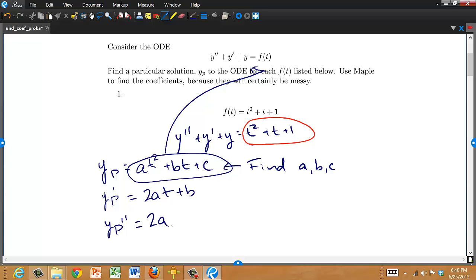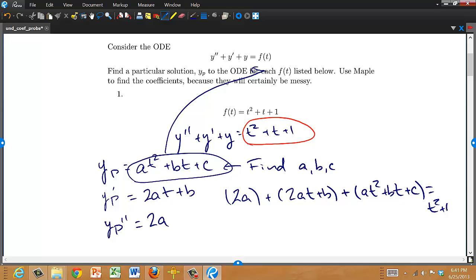So that means that yp double prime plus yp prime plus yp would be 2a plus 2at plus b plus at squared plus bt plus c. We would like that to be t squared plus t plus 1.